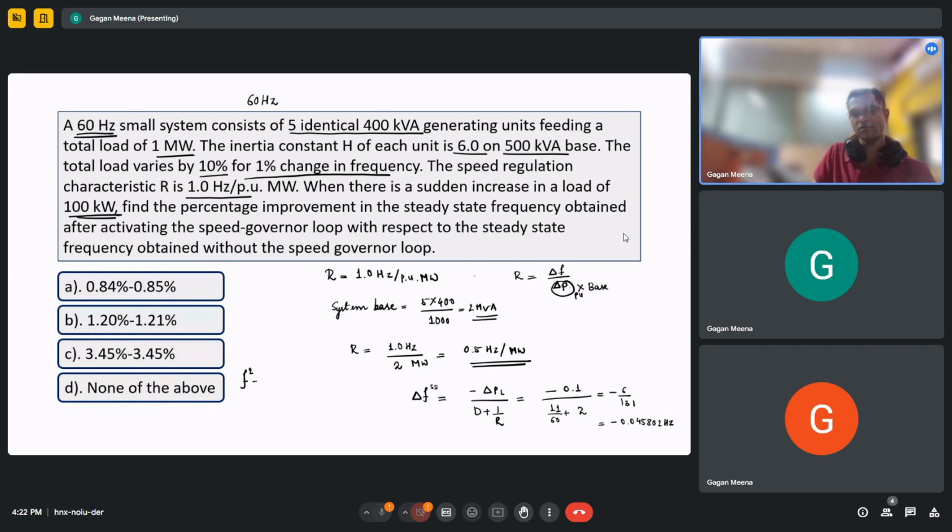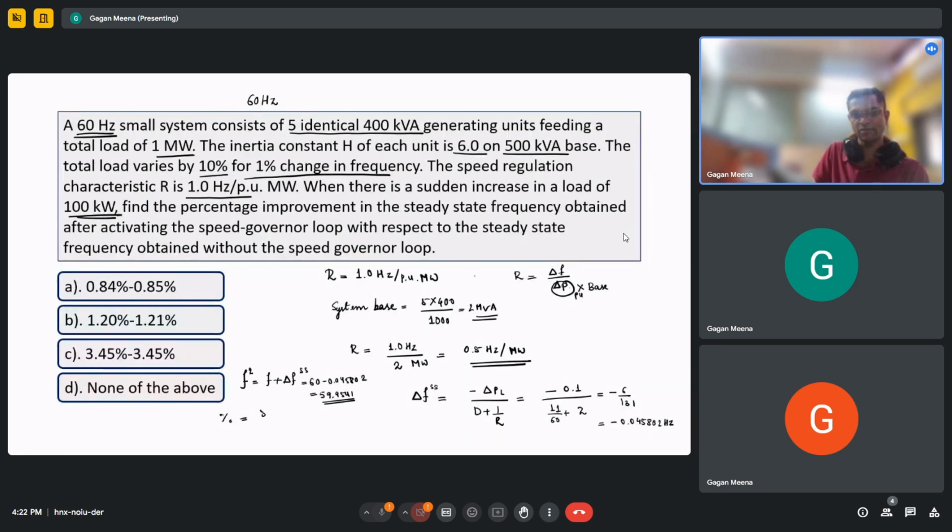Let's say frequency 2 here is F plus delta F steady state. This is 60 minus 0.03802, and this is equal to 59.9541. So now we need to find the percentage improvement.